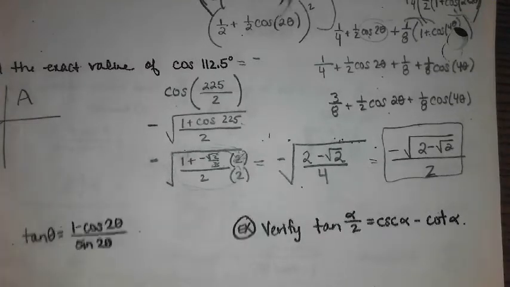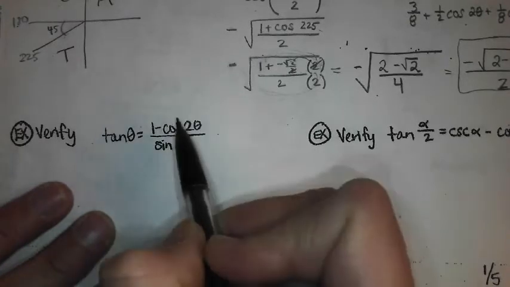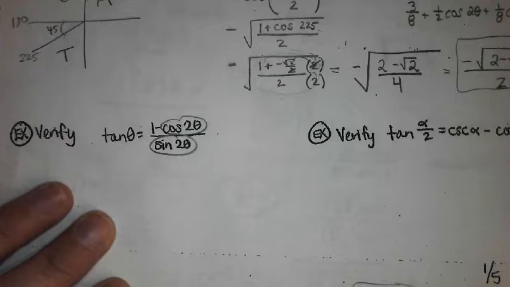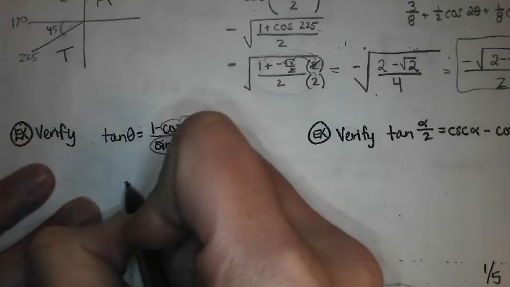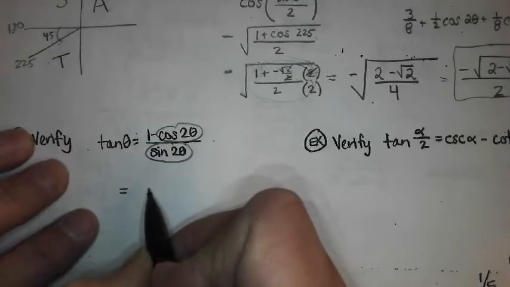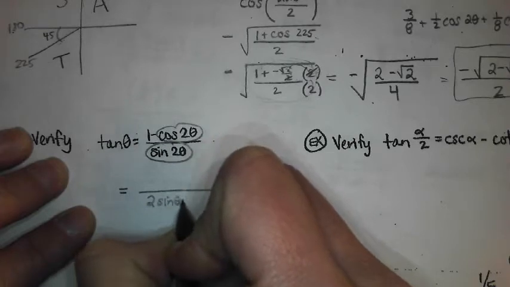And a couple more verifies. If you look at this one, do we see a double angle here and a double angle there? Yes? Okay. So when I'm making my choice for the 1 minus cosine 2 theta, I have no choice on the denominator. That's just 2 sine theta cosine theta.